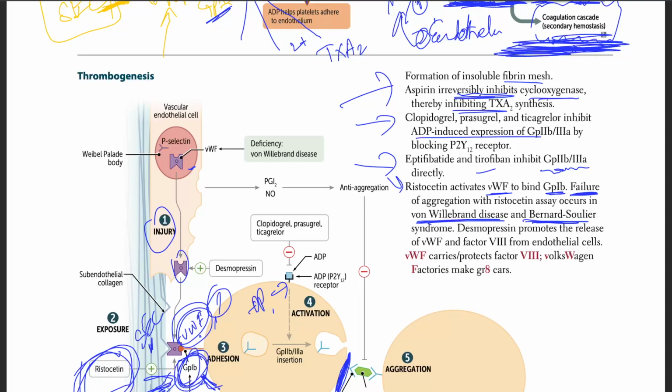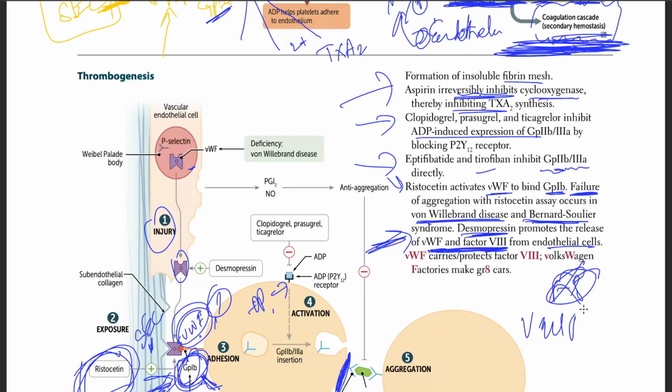Okay, now the third thing is desmopressin. Desmopressin promotes the release of von Willebrand factor and factor 8 from endothelial cells. So desmopressin can be given in von Willebrand disease to see if they can be released from the endothelium, and von Willebrand factor normally has factor 8 attached to it, because normally if you have factor 8 alone, it's going to get destroyed.